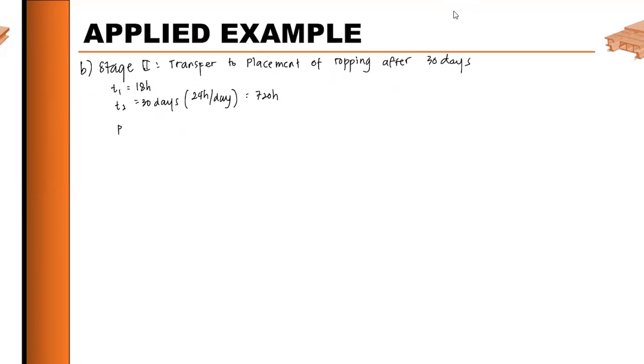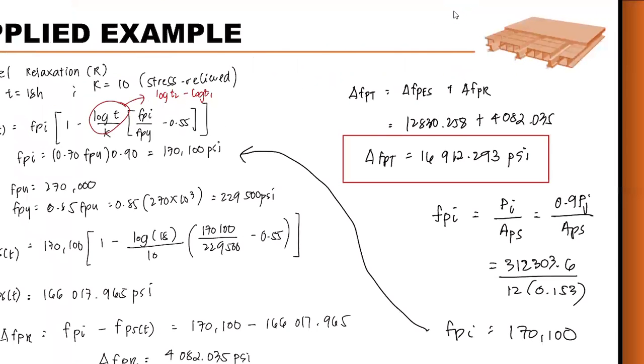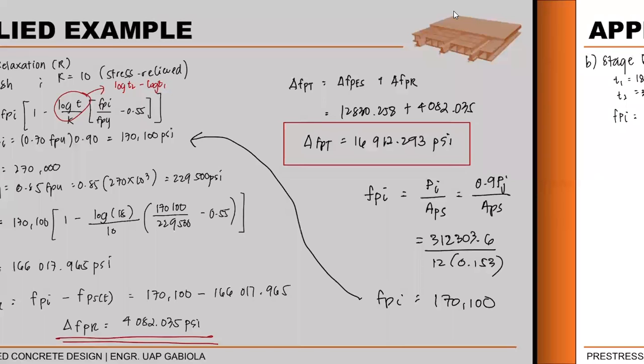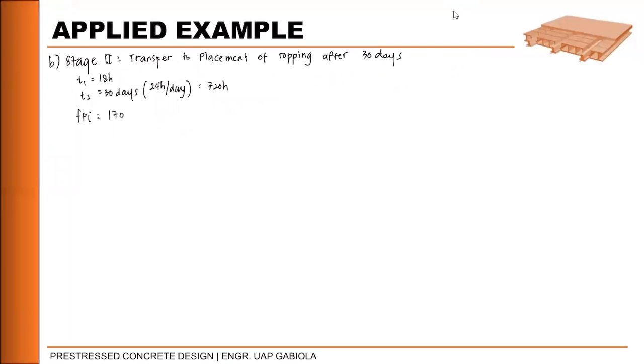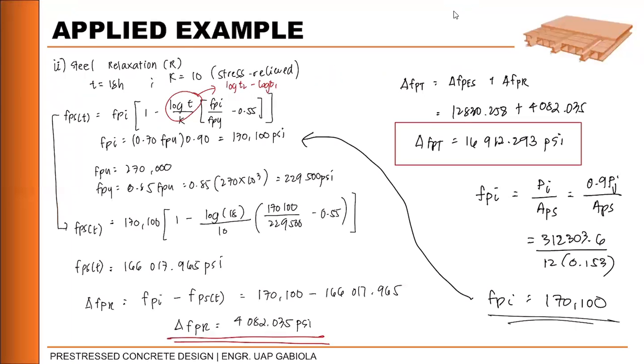Okay, so we have FPI is equals dun sa initial natin from our initial 170,100 PSI. So 170,100 PSI minus yung losses natin dun sa, sorry, itong losses na to.